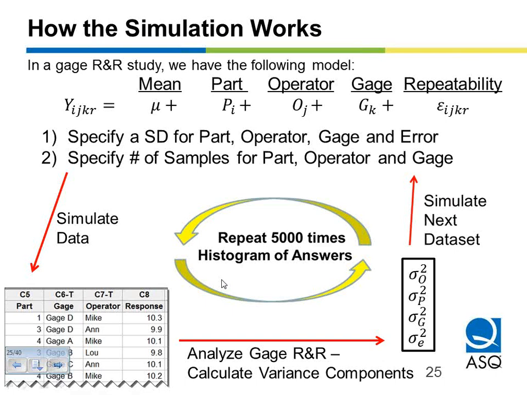The way we're going to judge the quality of that sampling plan is really very simple. We look at all 5,000 answers to what the gauge R&R said our sigma should have been. We compare it to what we know the sigma was for the data generation, and we see how close the two match up. If the two match up very closely with low variation, we say that's a great sampling plan.